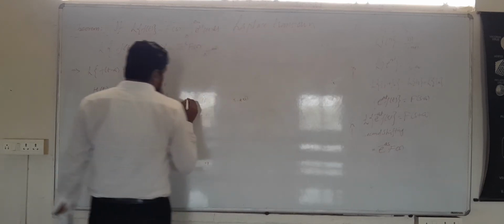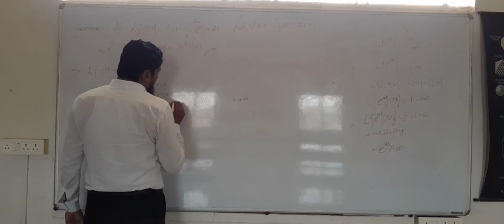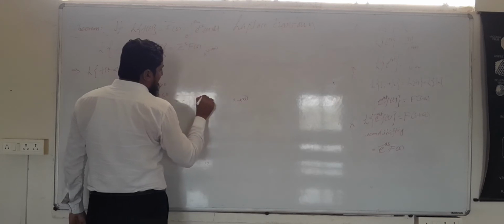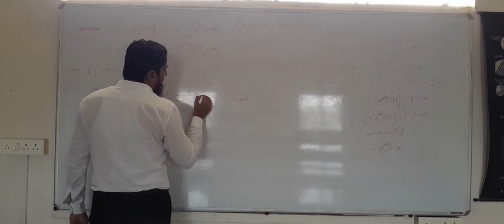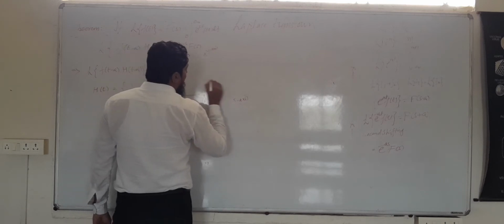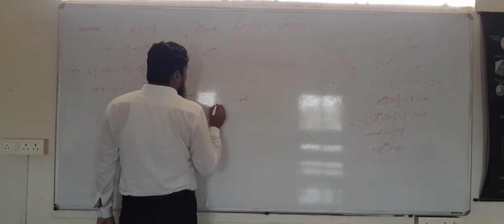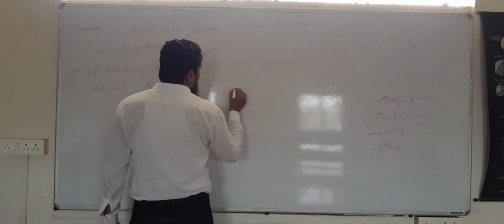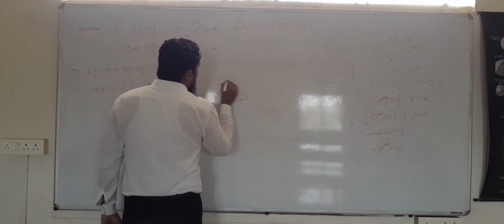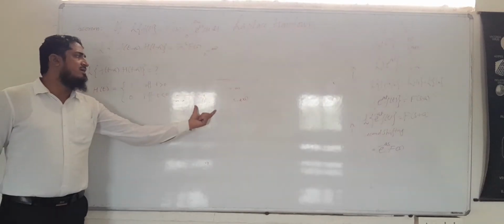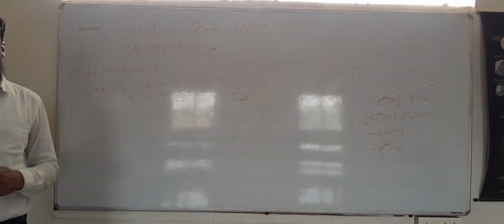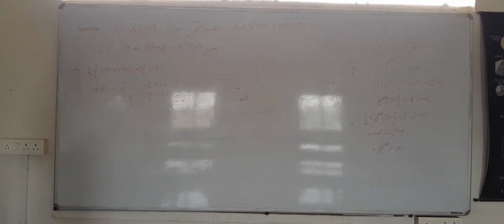Correct? Now, from minus infinity to 0, the value of h(t) is this one. And as x runs from 0 to infinity, we get the value such as given in the graph. It is the graphical representation of h(t).